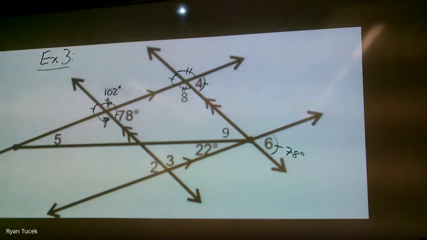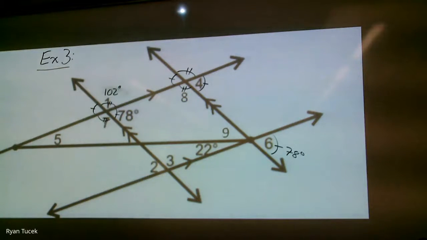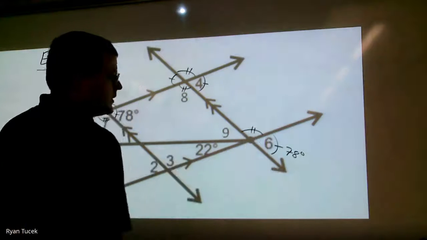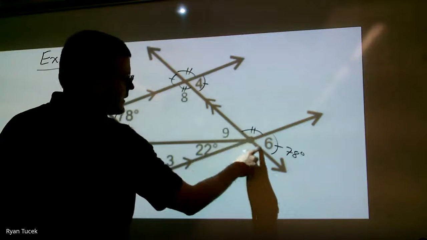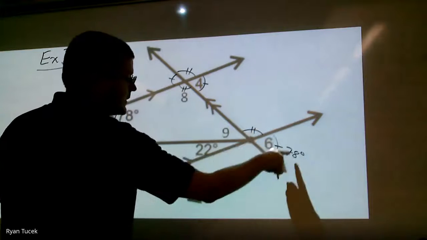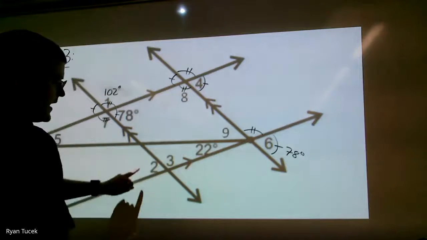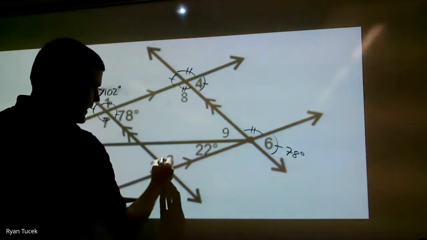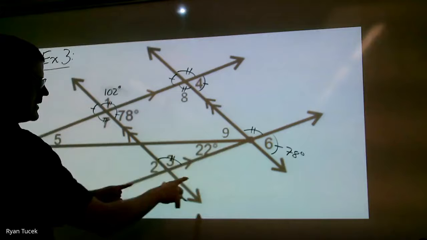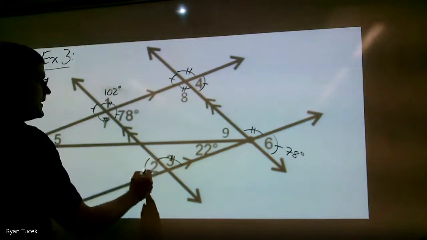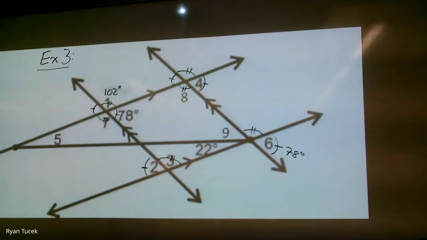So I'm pretty good so far. What else do I got? Well, right here must be 102 because of, again, splitting that circle, the 360 right here in half. 78 here gives me 102 here, and that tells me that 3 must be 102 because of corresponding angles, which actually makes 2 be 78 degrees that we had before.